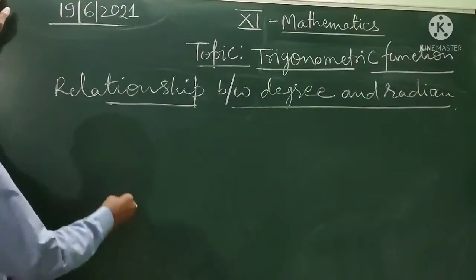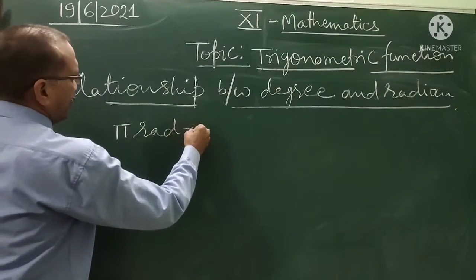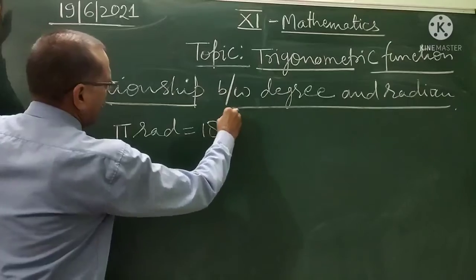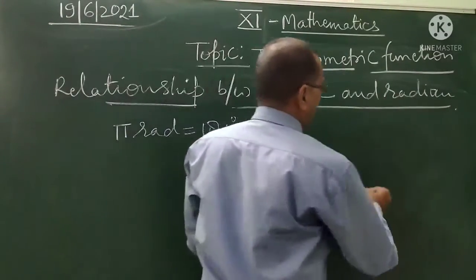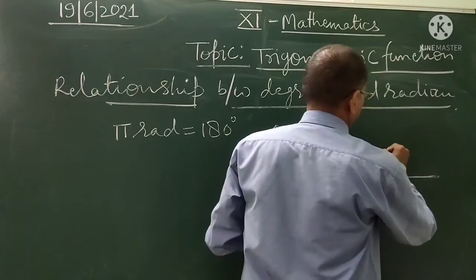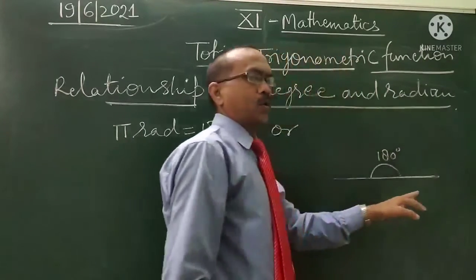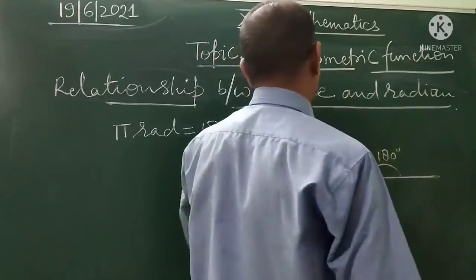Pi radian equals 180 degree. We can say this straight angle is 180 degree, and this whole is equal to pi radian.